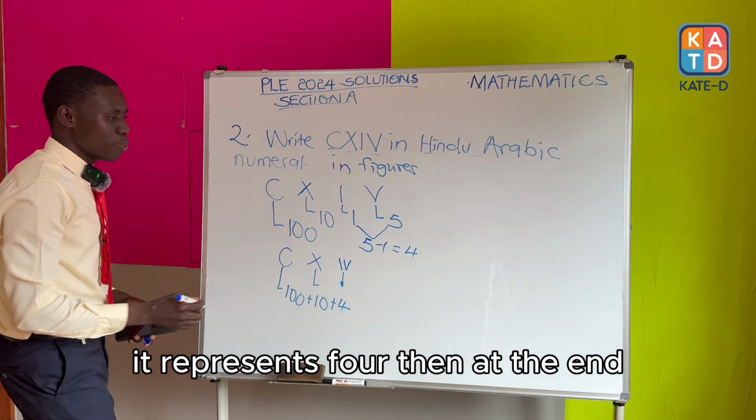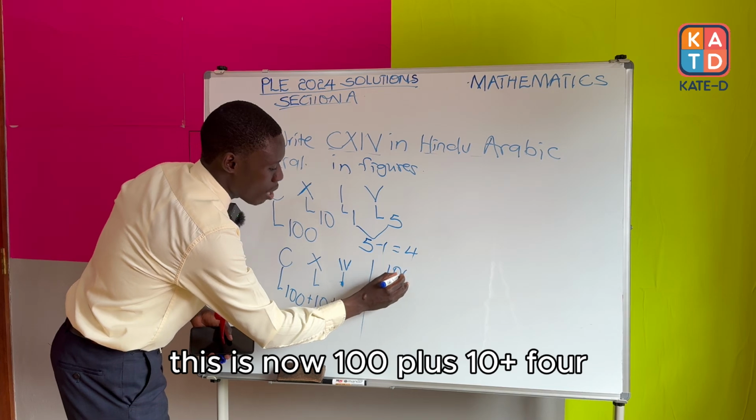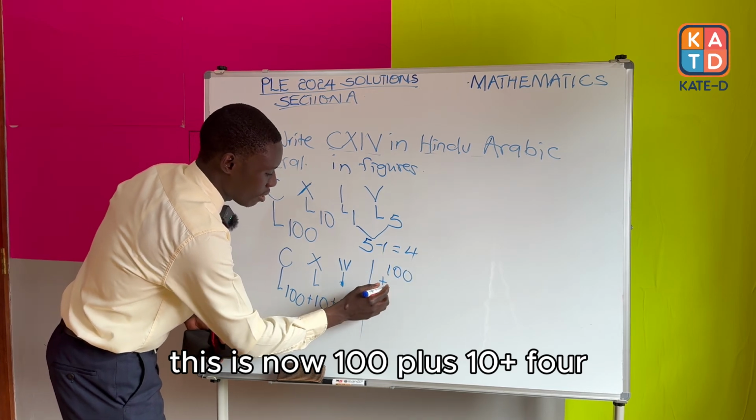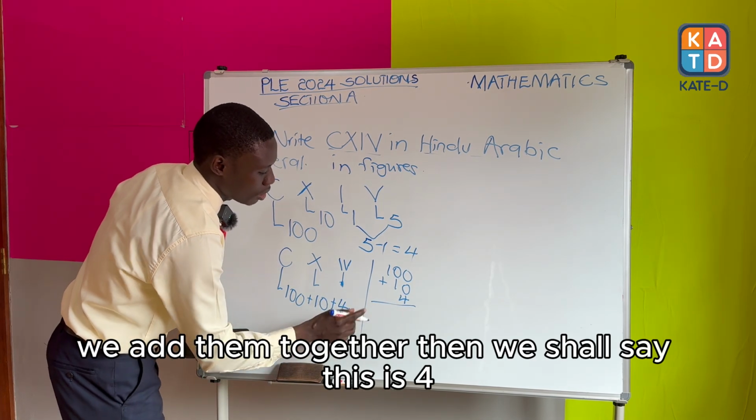At the end we finalize by saying this is 100 plus 10 plus 4. We add them together.